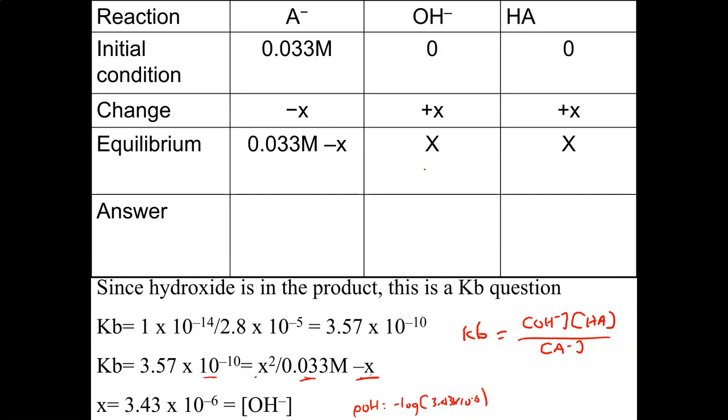So when you plug this into your calculator, you get 5.46. So your pH is equal to 14 minus 5.46. So my ultimate pH for this, if they're asking for that, would be 8.54. They only ask for hydroxide. You don't have to go that far, but just in case you had to, that's how you would do it.